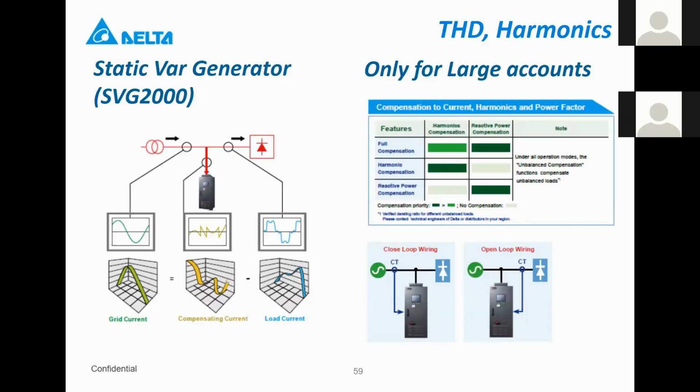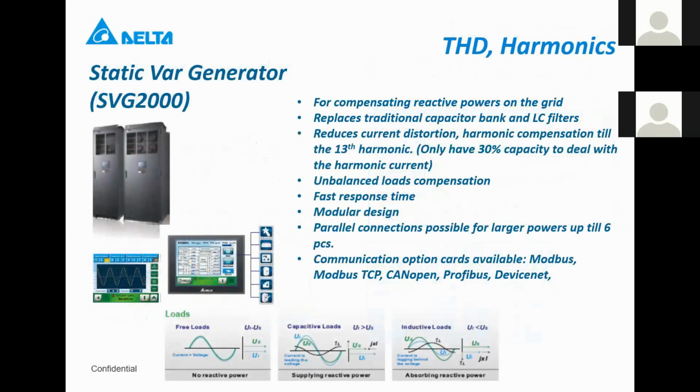That is basically the difference between the APF and the SVG. It looks like the same at the output. It can also be used for unbalanced load, but the harmonics, the THCI, will only compensate till the 13th harmonic.